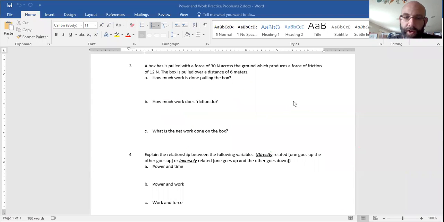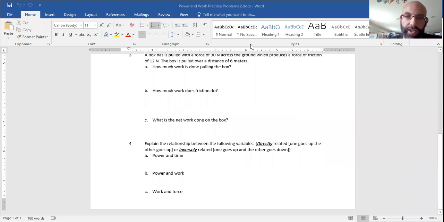All right, 4. I think 4 is easiest. We're going to write out some equations first. First we're comparing power and time. Power equals work over time. You can think of it like fractions: power is technically over 1.